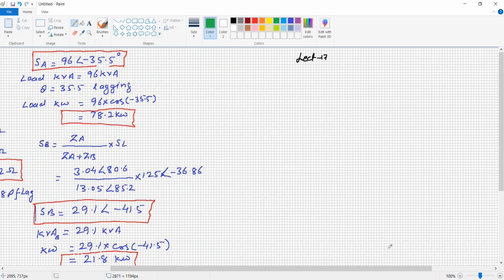Now the next example, Example 2. Two single phase transformers, A and B, are connected in parallel.